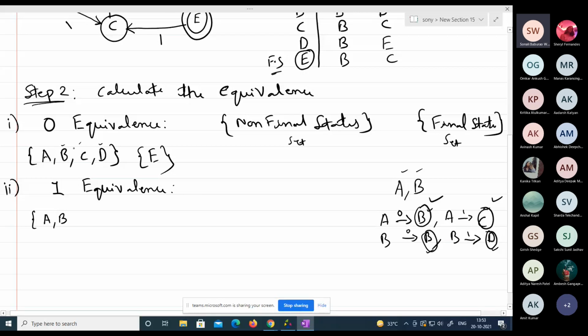For example, here we are checking for AB. Similarly, you can check for AC or AD. But it is more convenient to check the recent state, that is B. So I will just check for B comma C.